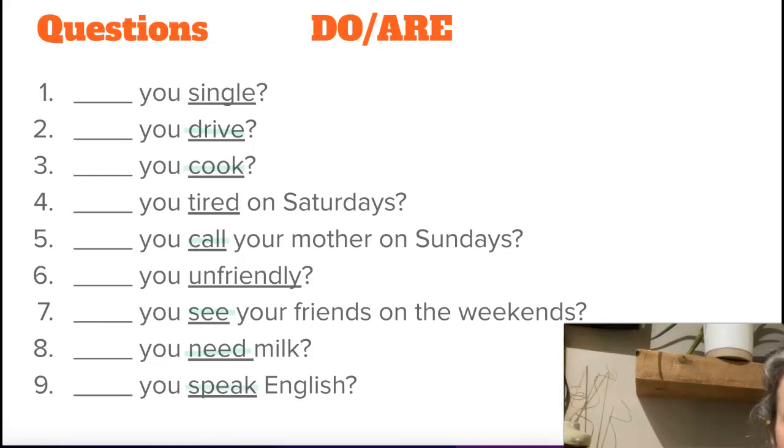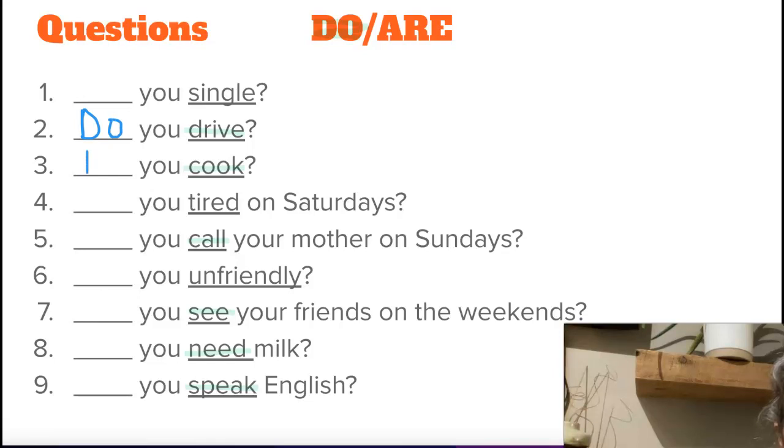So if there is a second verb in the question, are we going to use do or are? We are going to use do. So we know that we can write do for all of the ones that are verbs.